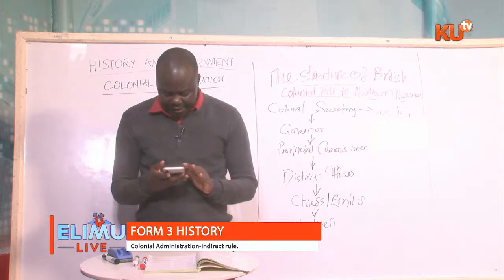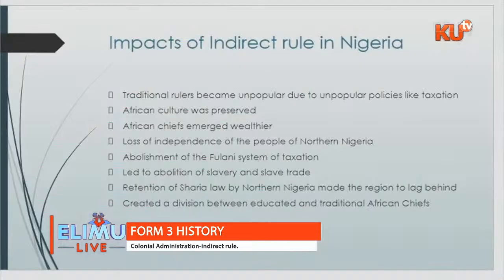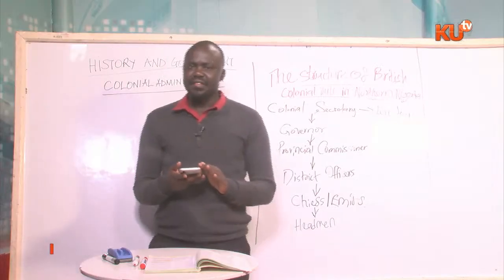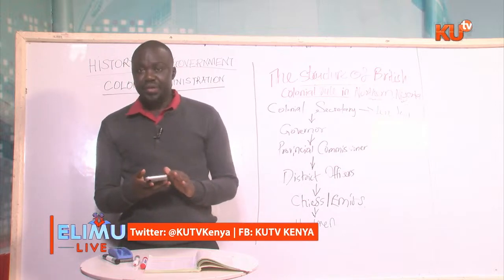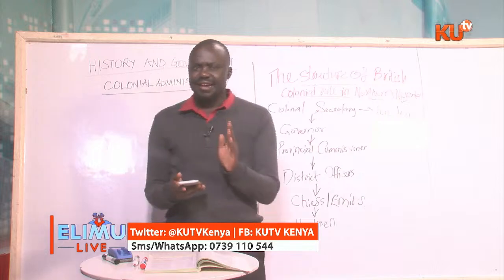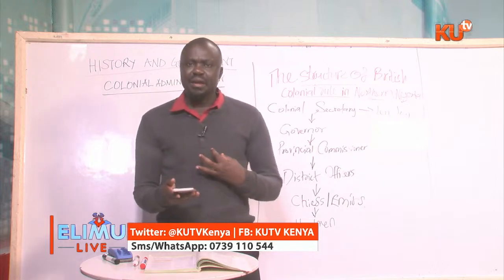Then the last one is that it created a division between the educated and traditional African chiefs. Now, with time, the British preferred educated chiefs to the uneducated chiefs. The uneducated chiefs were replaced with people who could understand the structure of administration that the British wanted.